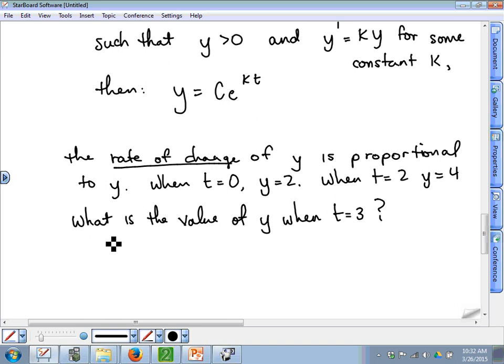What's the rate of change? dy with respect to t, so that's dy dt. It's proportional to y, and it's directly proportional. So is it k times y or k over y? K times y.